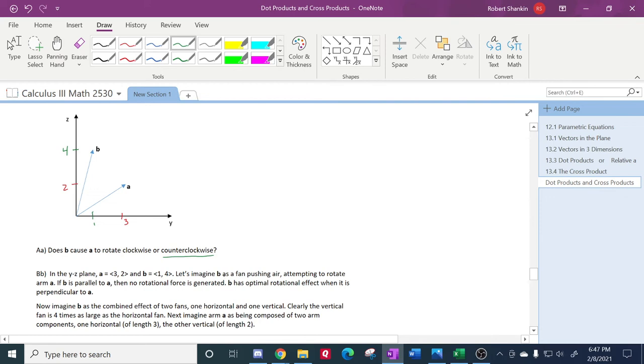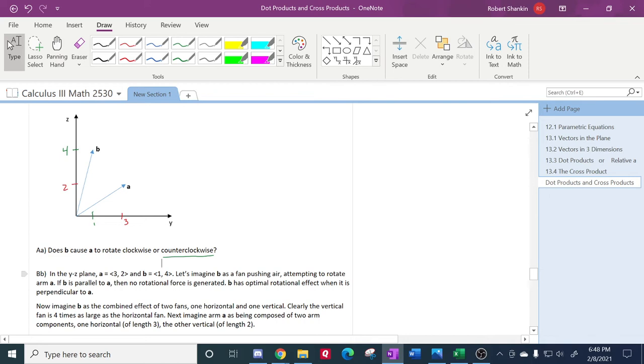Let's imagine the vector B as a fan pushing air, attempting to rotate arm A. If B is parallel to A, then no rotational force is generated. You think of this arm as kind of like a plank of wood, thin and maybe 4 inches wide. If the fan is parallel to A, it doesn't rotate at all.